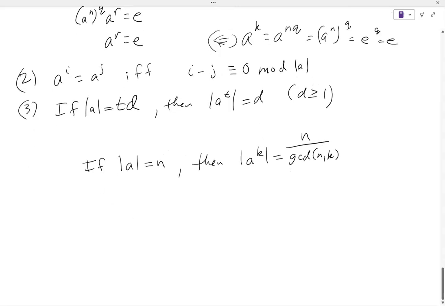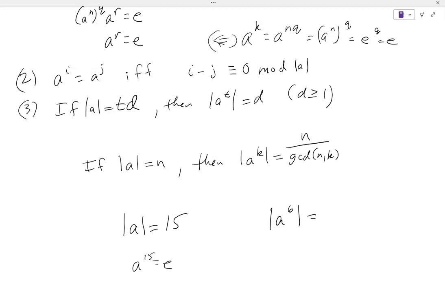Okay. Let's say we know that the order of A is 15, and we want to know the order of A to the 6th. Well, notice that this left-hand statement says that A to the 15th power has to be the identity.